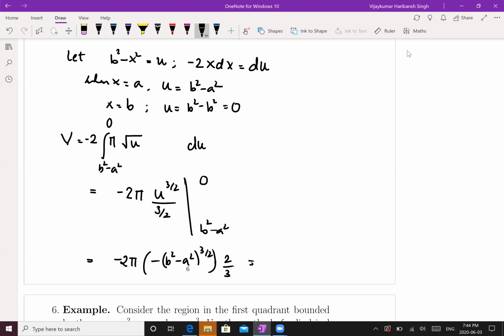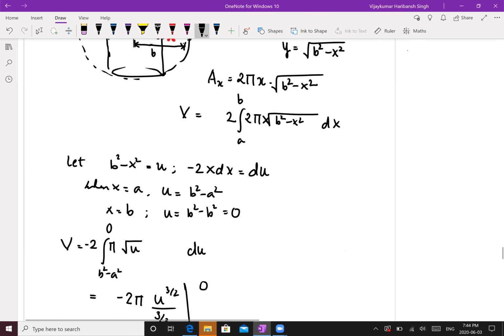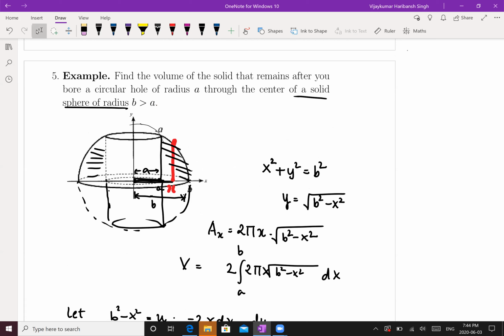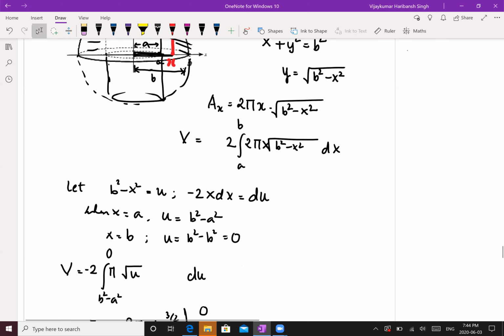And now you can simplify it. So it's going to be 4 pi by 3 times b square minus a square to the power 3 by 2. So this is how you find the volume of this object. Okay. So the volume of the solid which remains after you bore a circular hole of radius a.